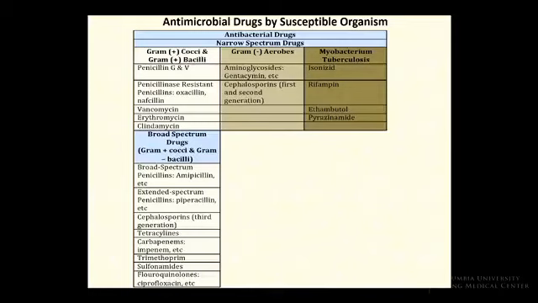We've got gram-negative bacteria, and the term aerobe means that they require oxygen to live. Okay? And those gram-negative organisms that require oxygen to live will frequently infect things like the respiratory tract or the ENT, ear, nose, and throat, right?